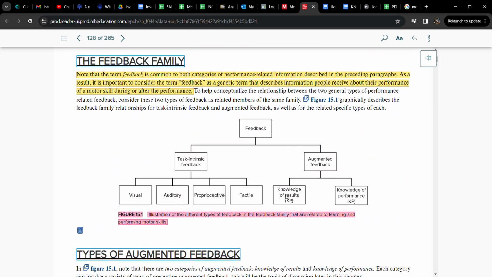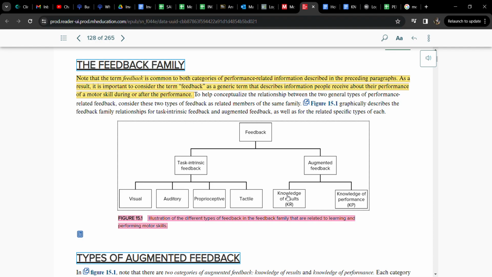So let's talk about the feedback family. This is basically implying the things that we've talked about in the past, in Chapter 6 in particular, and then also the things we're going to talk about in this chapter, Chapter 15, and it helps you kind of break down these components. So you're going to get certain feedback that is task intrinsic, such as the things that you take in visually, things that you hear, things that you feel, both from a proprioceptive standpoint and from a tactile standpoint.